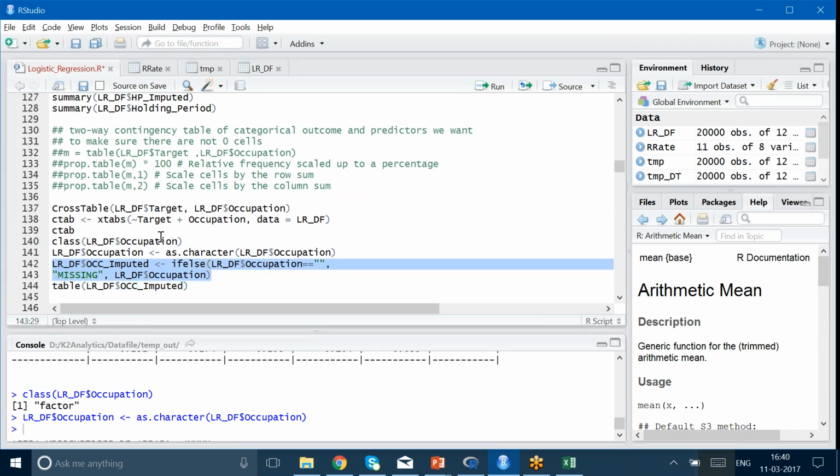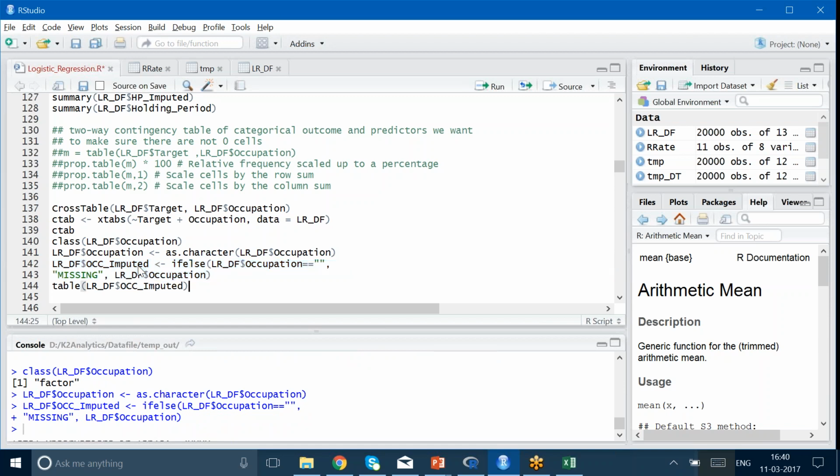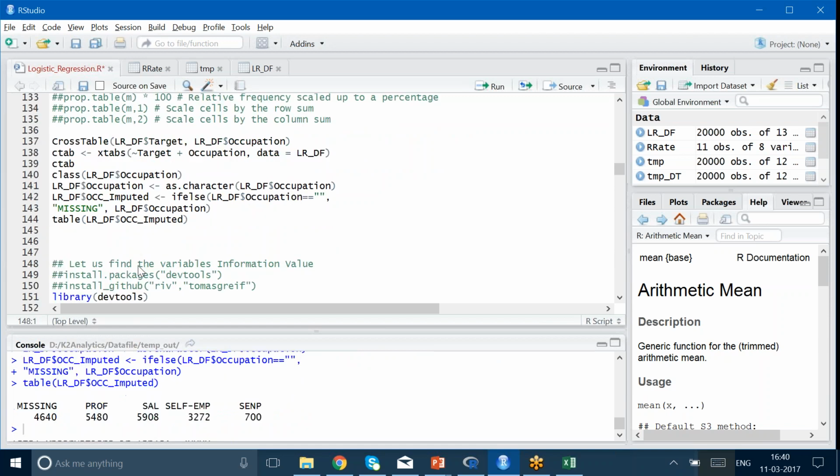This is my logic: if occupation is equal to blank, then missing, else occupation, whatever the value is, and I'm storing it in a new variable, occupation imputed. Now let me see the distribution. All the missings are populated.